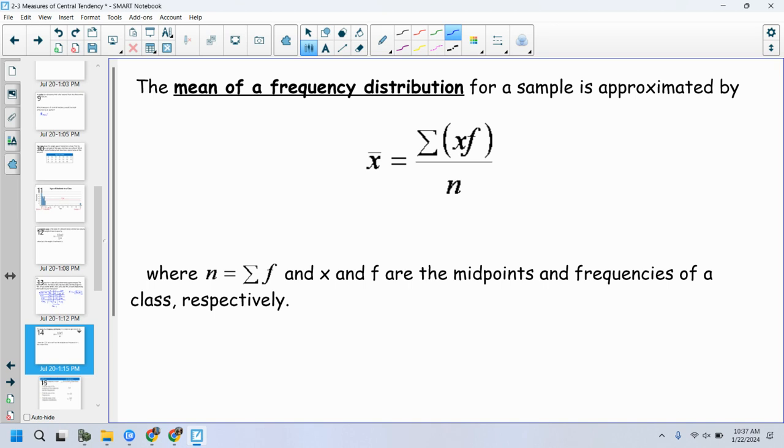Well, x is going to be the midpoint of the class, which I think I defined on the next slide. Basically, where is that entry occurring? What is the middle of that class? And then you multiply that by the frequency of that class.